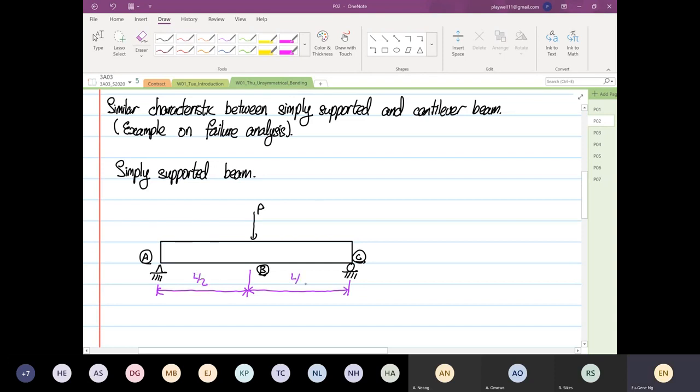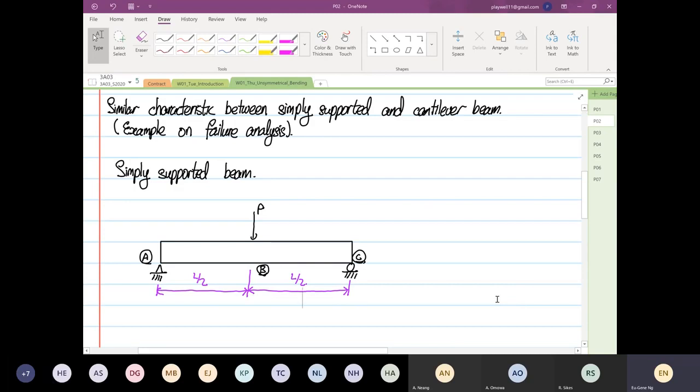Now, can anyone tell me where the structure will fail? Anyone, please? Anyone? I know I'm not able to see the chat. Okay, anyone? At B, the structure. Right. Well done. At point B. Okay.